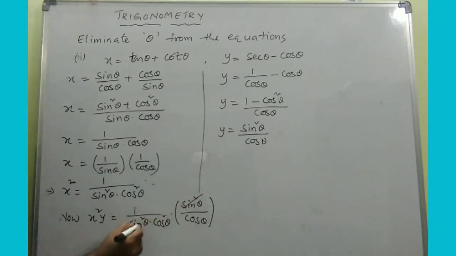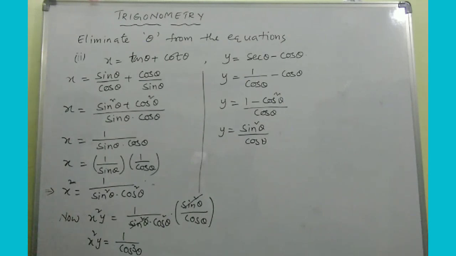So sin square and sin square cancel. Hence we are getting x square y is equal to 1 by cos cube theta. I mean x square y is equal to secant cube theta.